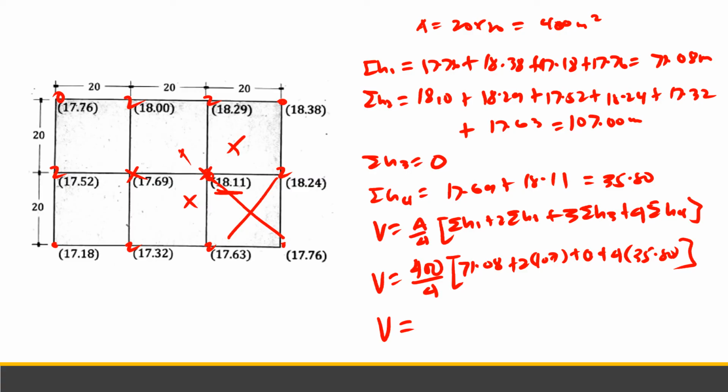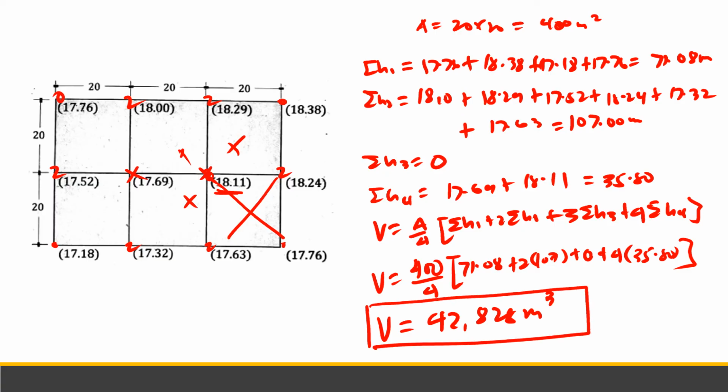So the volume is equals to 42,828 cubic meters. So that is for number 1.